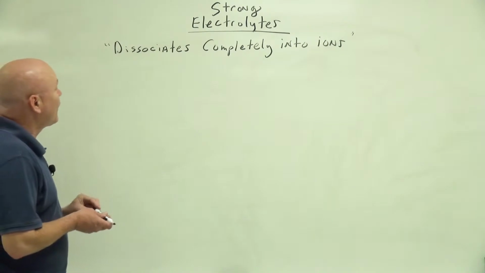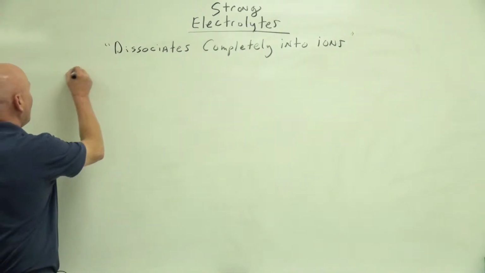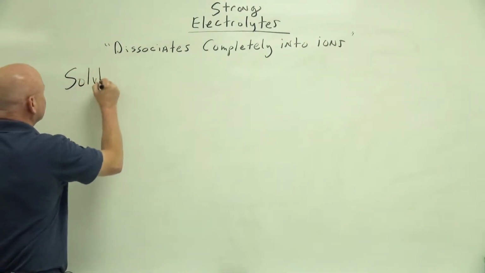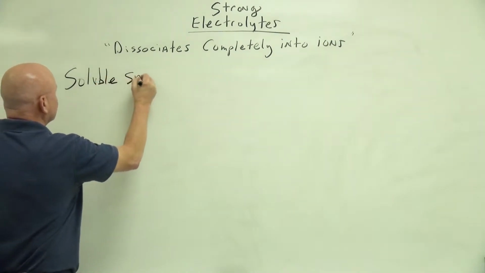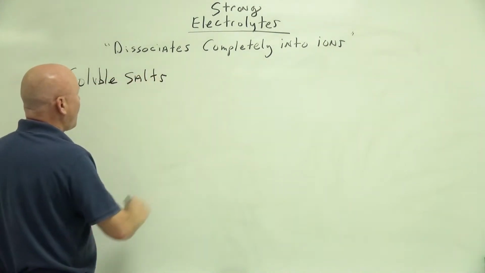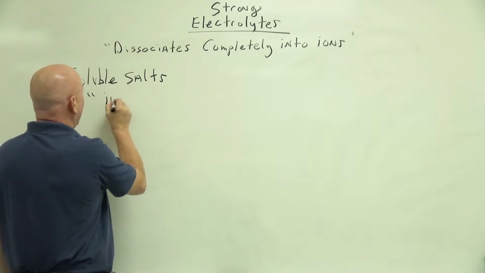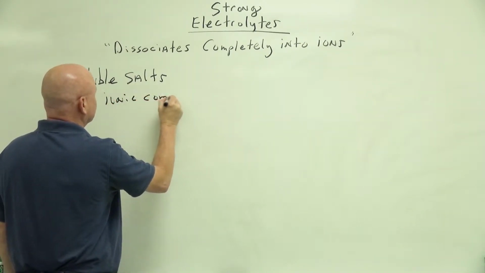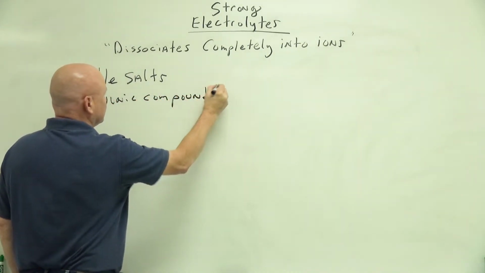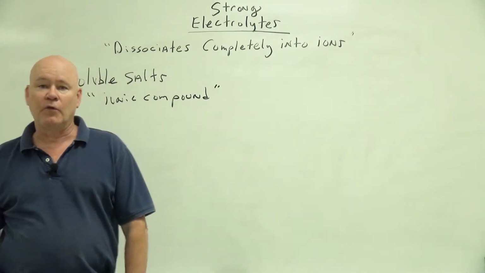So, the first kind of strong electrolyte would be soluble salts. A salt is an ionic compound. And when a salt dissolves, it produces ions.